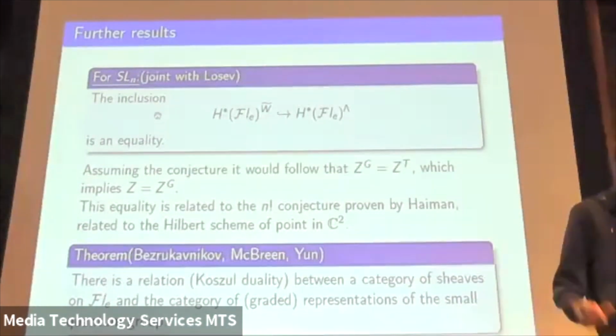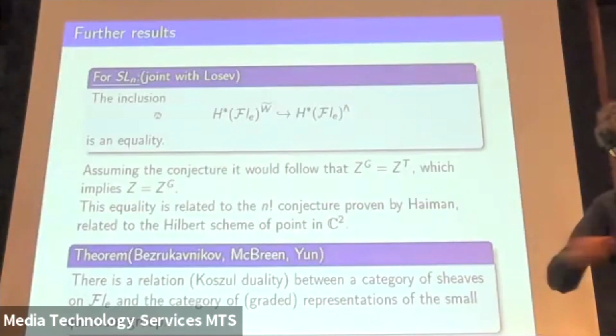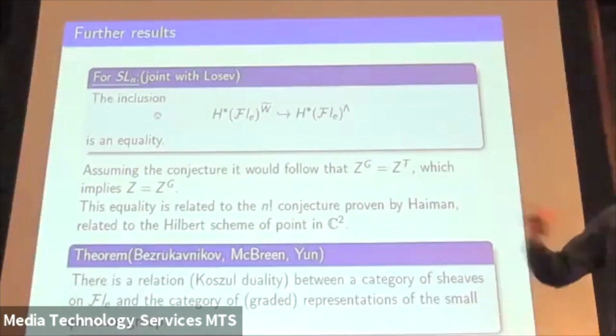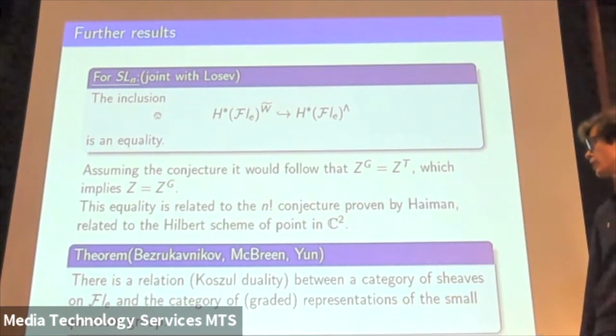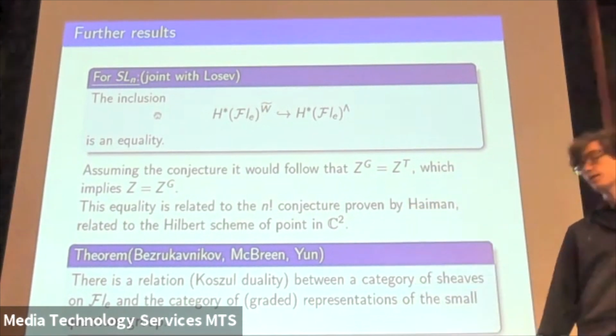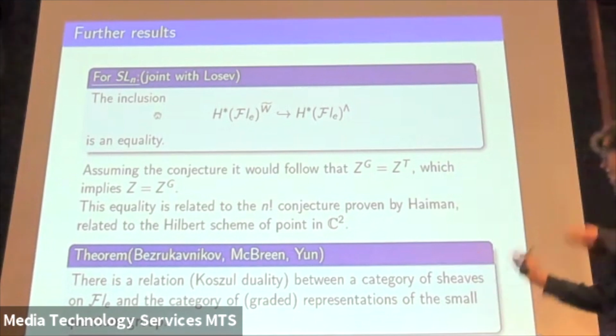Basically, they construct some category over the integers, or some localization away from finitely many primes, such that it specializes to this small quantum group representation category in characteristic zero and specializes to the Frobenius kernel in most finite characteristics.